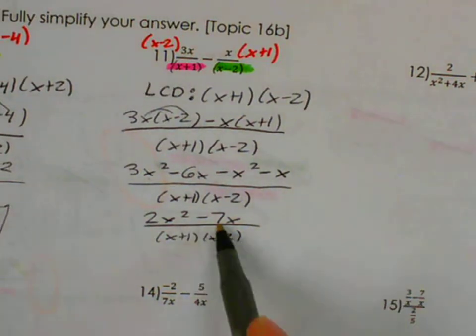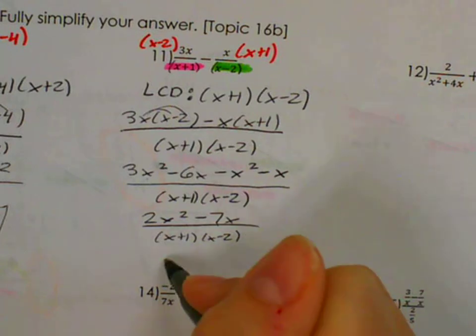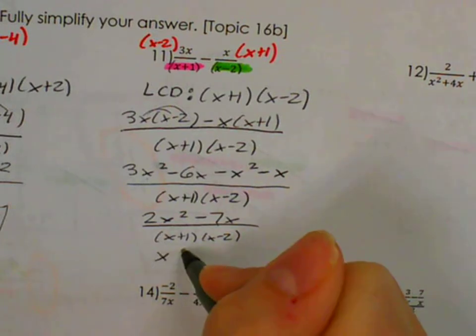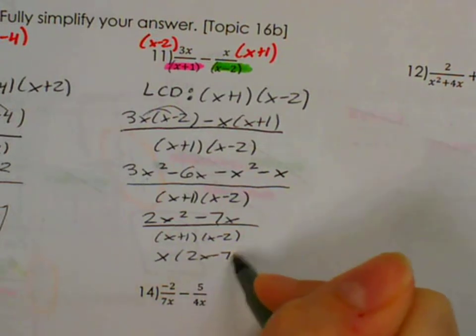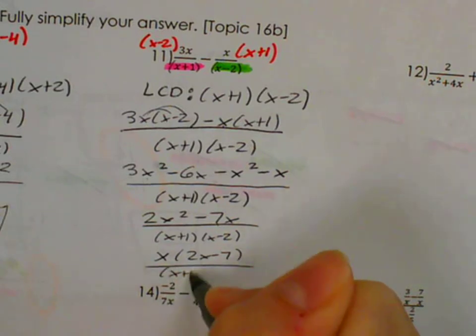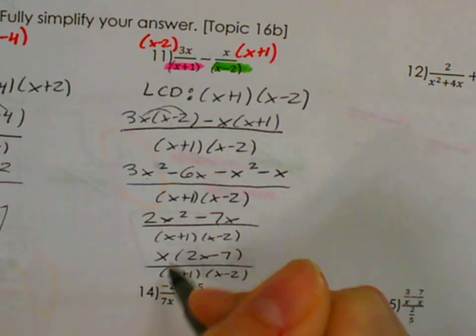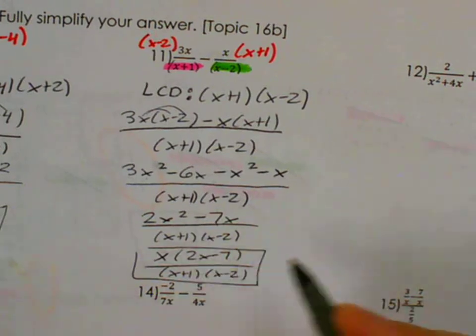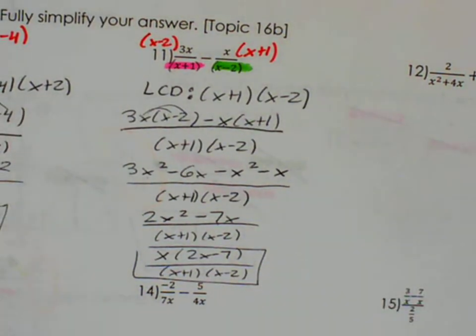Now on this one I do have a GCF I can take out on the top. I could take out an x here, and that gives me x(2x minus 7) over (x plus 1)(x minus 2), but I still can't cancel anything. I don't have anything that's exactly the same. So there's nothing there that can be canceled.